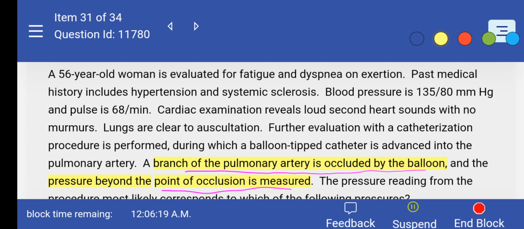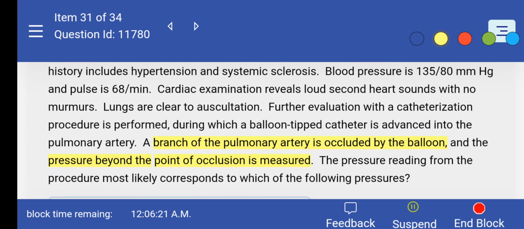The pressure reading from the procedure most likely corresponds to which of the following pressures. So they have given different pressures, like left atrial pressure, right atrial pressure, then pulse pressure, and with that they have given different options.